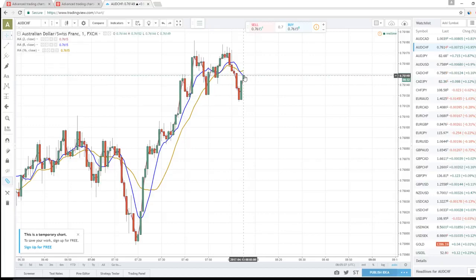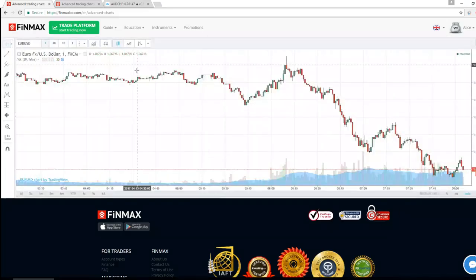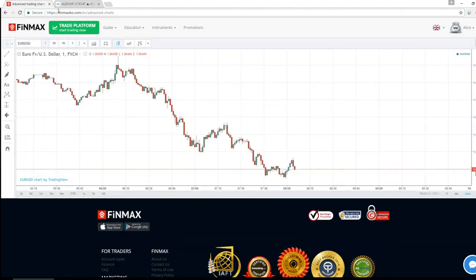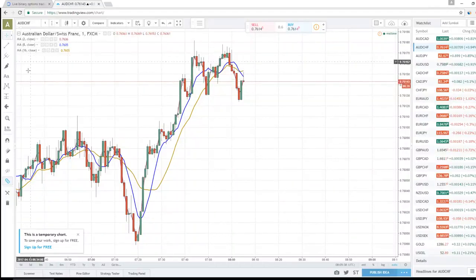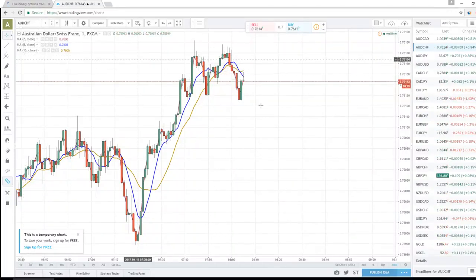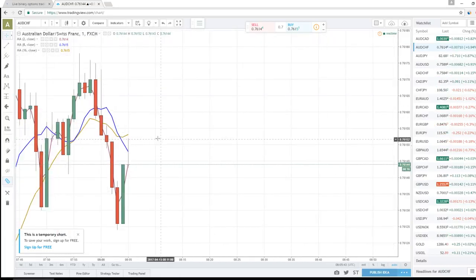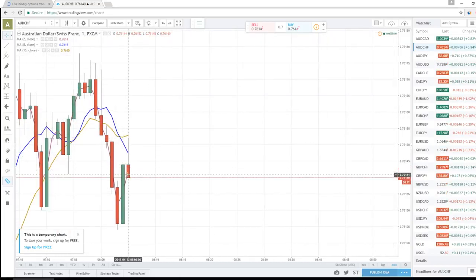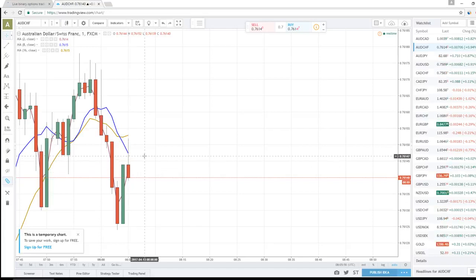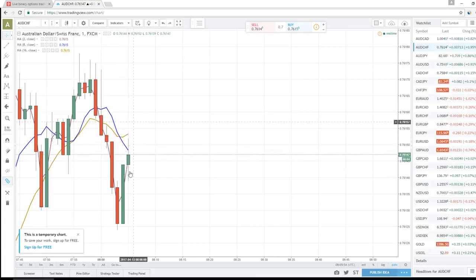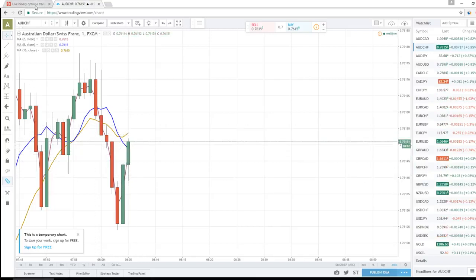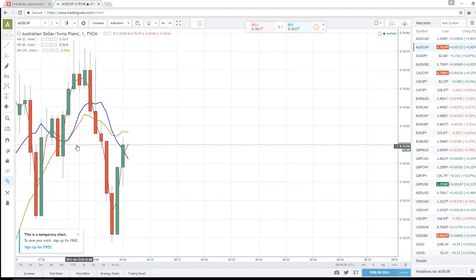So right now there's a pretty interesting situation on Australian dollar to Swiss franc. This lower moving average has almost crossed these two lines, so that creates a really interesting situation.